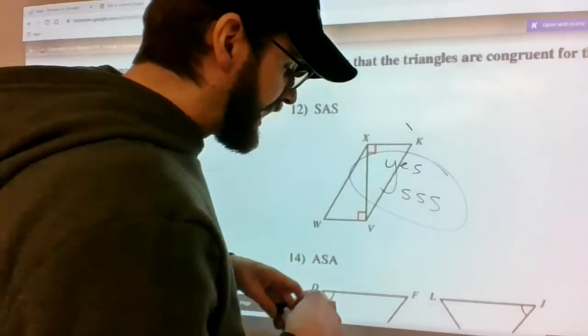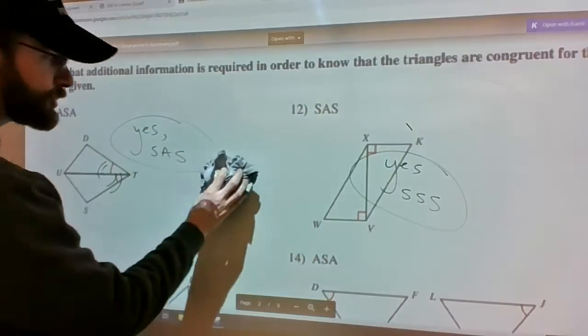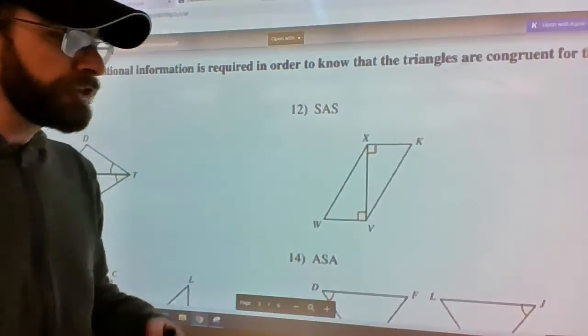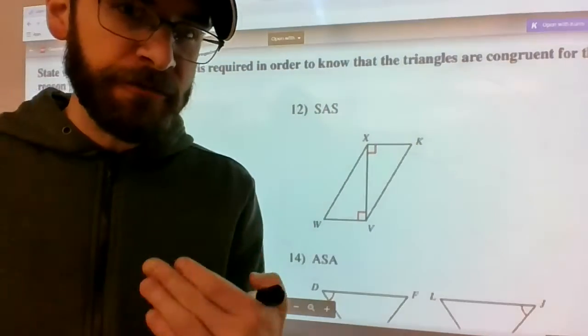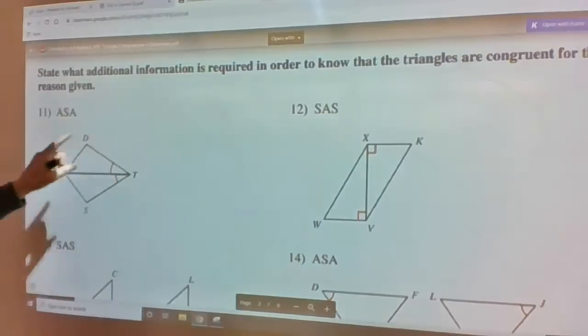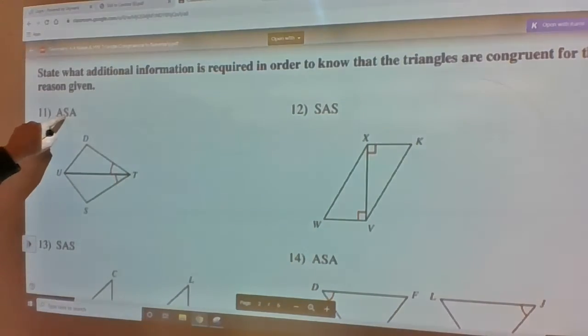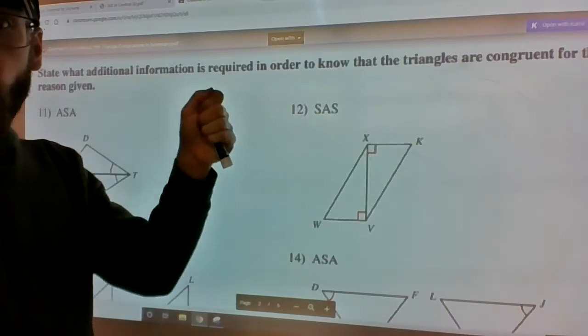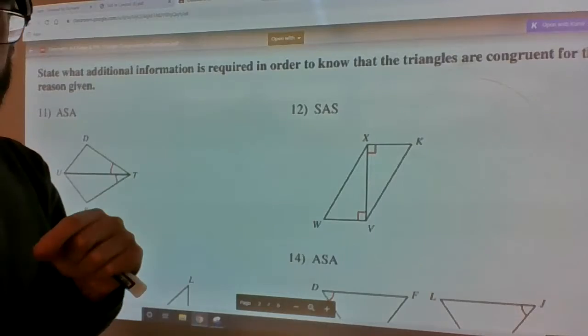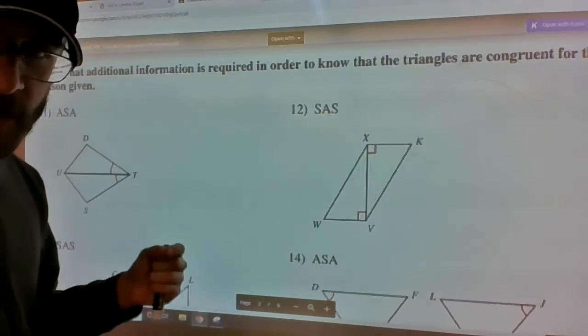This is kind of like saying we've got 2 triangles that are named to one another. For the most part, they don't have enough information to prove congruence. Your job is to state, if we wanted to use the angle side angle postulate, what piece of information or pieces of information are required to make that conclusion.